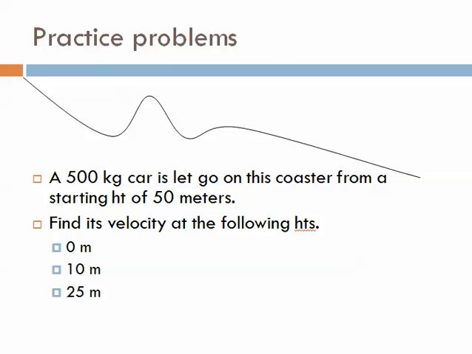Well, here's a practice problem. I'm going to write it up here for us: the change in 1/2 v squared, because the masses cancel out, is equal to the change in gravity times height.